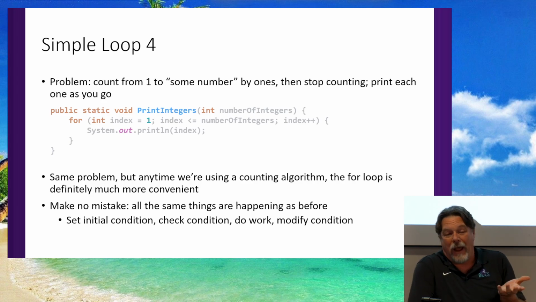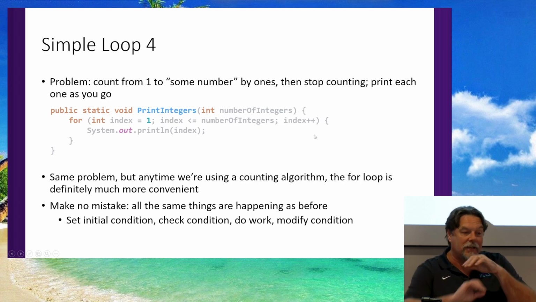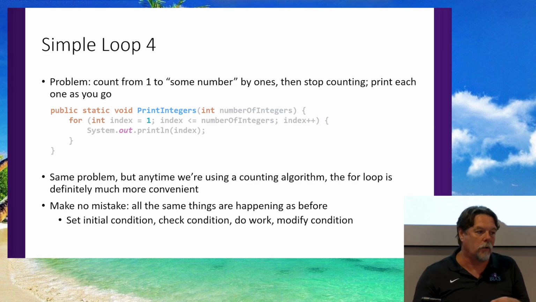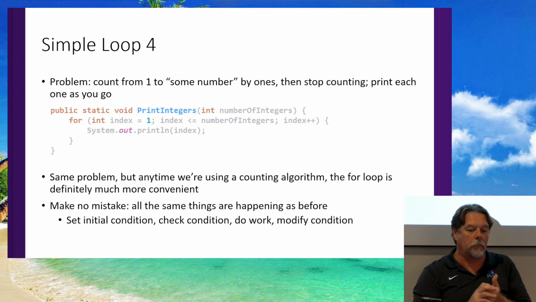I also don't have to just count by 1s. I can count by 2s or 4s or whatever value I want to. This index plus plus, what you put in here between this second semicolon and the parenthesis, is a Java statement. You could call a function there that determines how much to increment the variable by. Whatever you want to do.